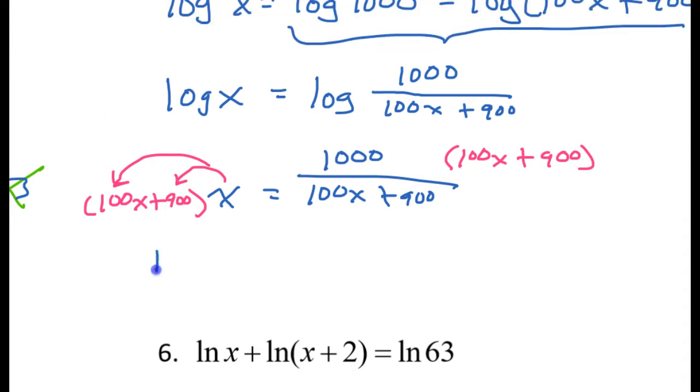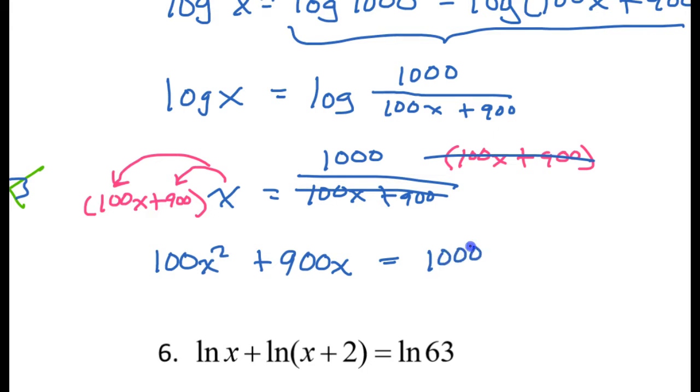So that will give me 100x squared plus 900x. These will cancel each other out, so I just have equals 1,000. Now I'm noticing that all of these are divisible by 100. So I might as well make the numbers smaller by dividing everything by 100.